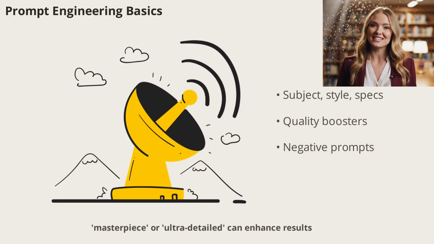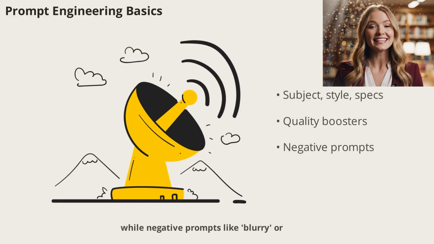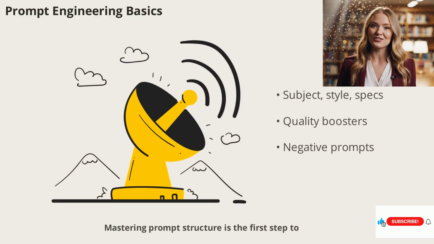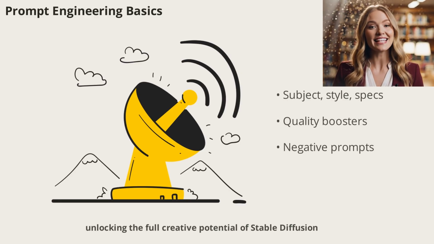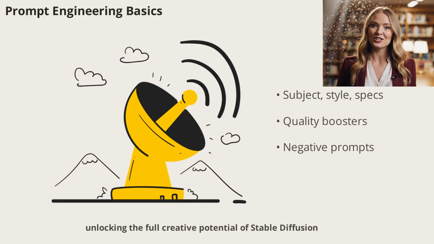Using quality boosters like Masterpiece or Ultra Detailed can enhance results, while negative prompts like Blurry or Bad Anatomy help avoid unwanted features. Mastering prompt structure is the first step to unlocking the full creative potential of Stable Diffusion.